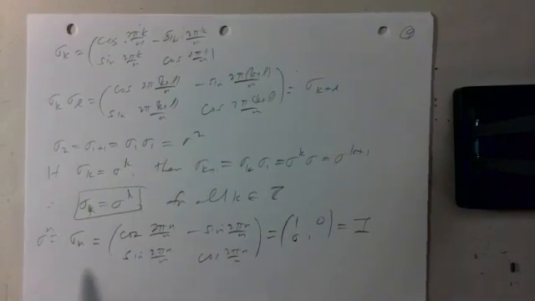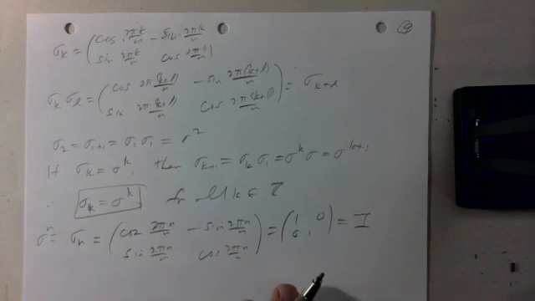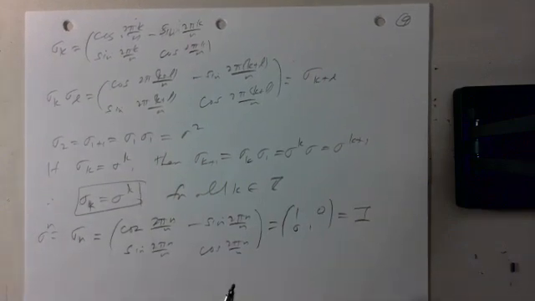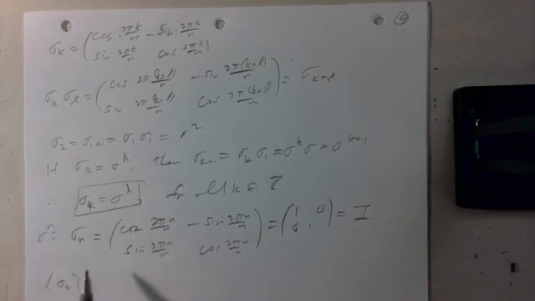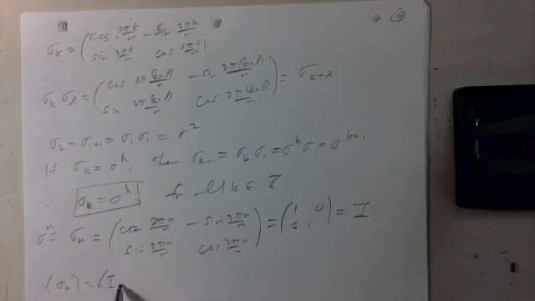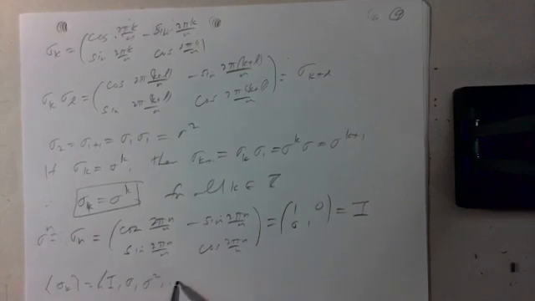Once we prove it's of order n, does that already show that it's a finite abelian group? Yes, it means it's a cyclic group. Because the set of all these sigma k's is just the identity, sigma, sigma squared, up to sigma to the n minus 1.